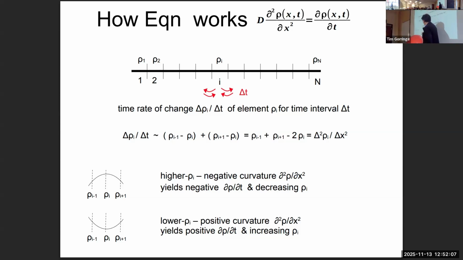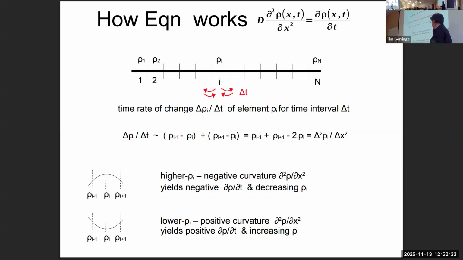This is just a picture down here of these two cases that I mentioned. If you have a peak of the number of particles, the concentration of particles in the central cell, and a distribution like this hill, then the diffusion equation says, well, look, you've got a negative curvature across those three cells.